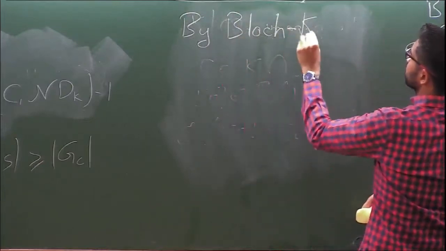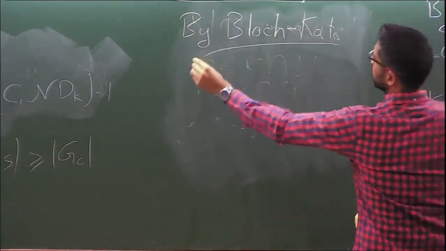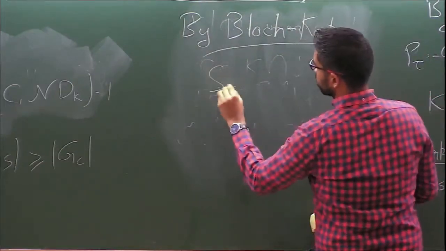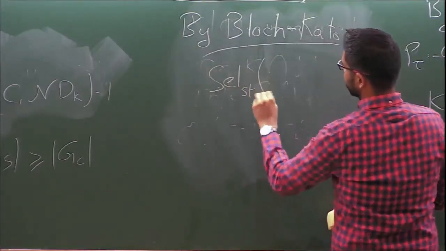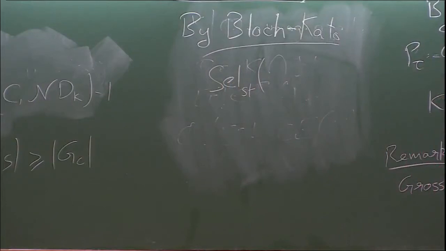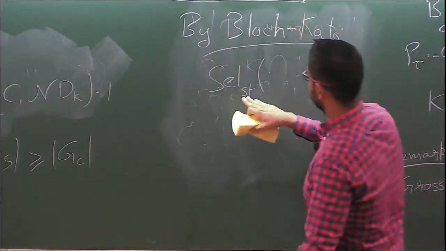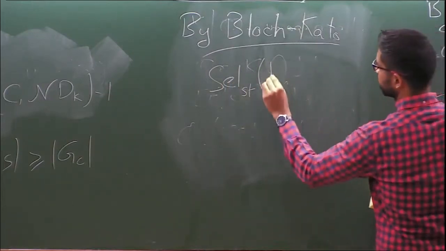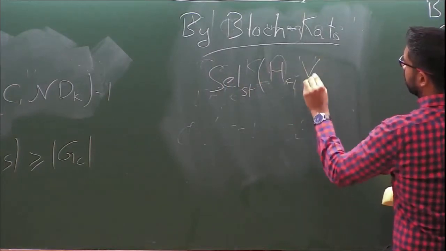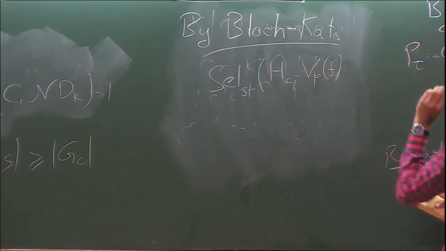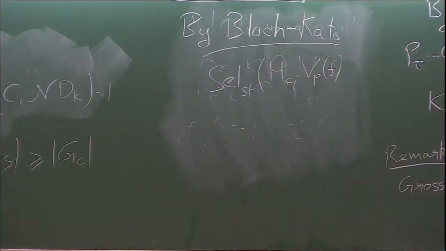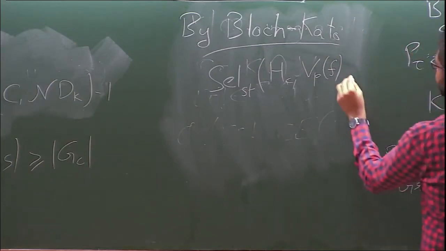By Bloch-Kato, you know that some Selmer group, which has been coming up in talks for the last 2 or 3 days, I'll write ST because there's some condition, I'll get to this later. These Bianchi forms admit a Galois representation. We've seen this the last week, even sometime this week.